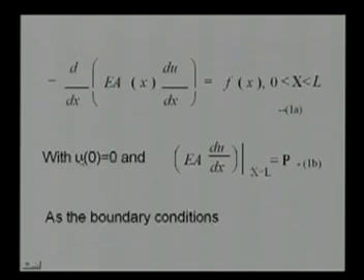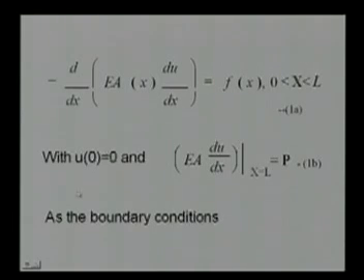So if I now write the model problem in a detailed form, the boundary value problem can be given as equation 1a, where we have the differential equation given by minus d/dx of EA, which is now a function of x, du/dx, equal to f(x) for all points lying in the interval 0 to L. u is the displacement of the bar.